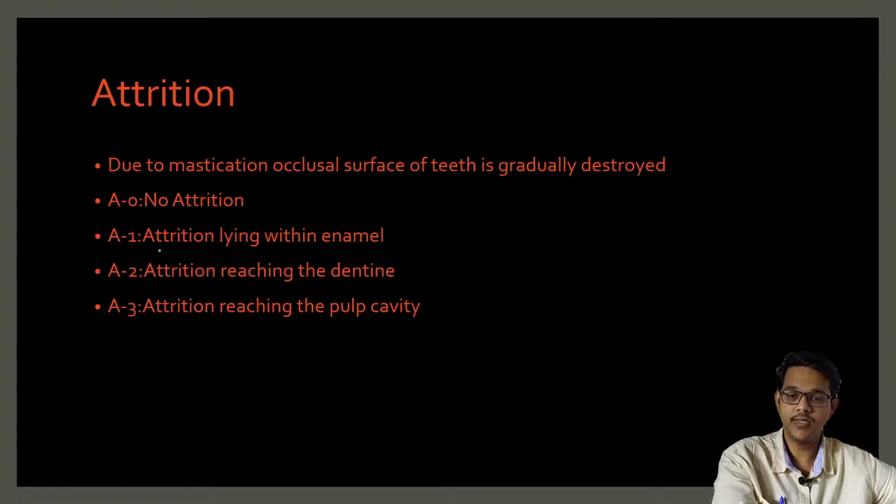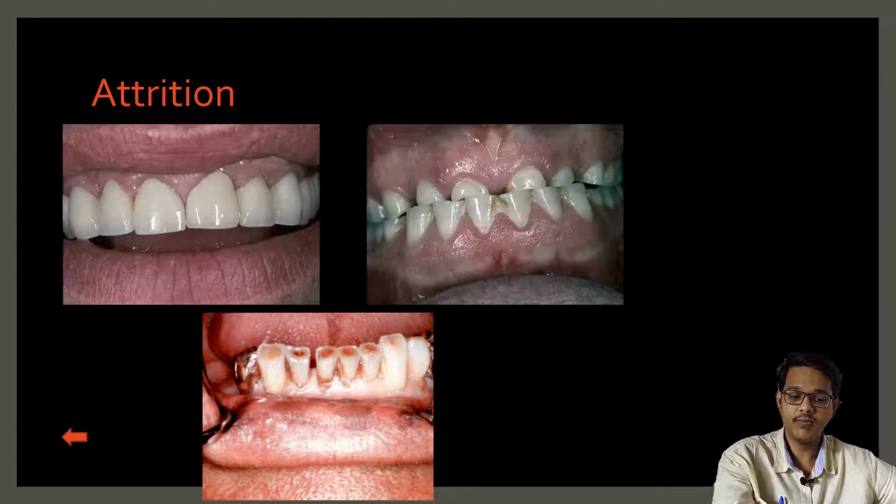A0 is no attrition, A1 is attrition lying within the enamel, then attrition reaching the dentin, then attrition reaching the pulp cavity. From this image, you can see the level at which the changes can be seen. It starts at the tip, and the pulp cavity becomes visible as the attrition progresses.